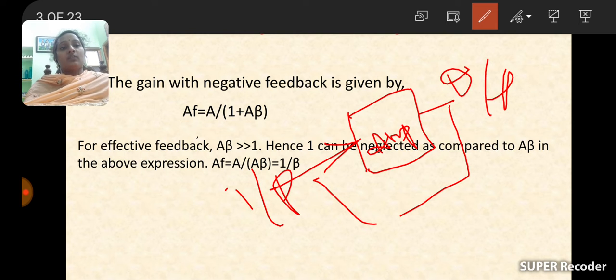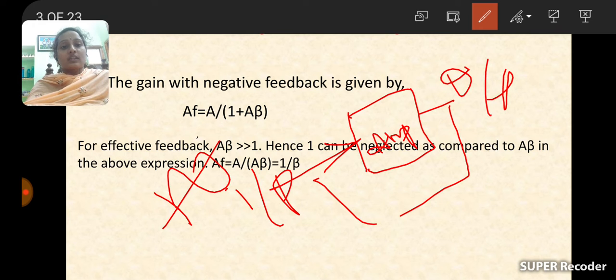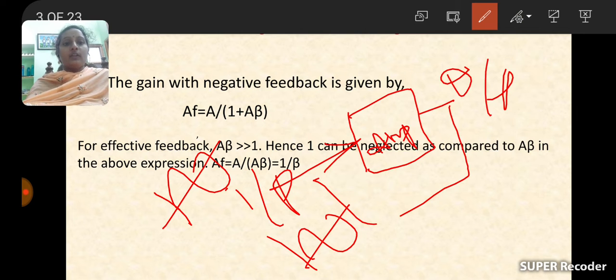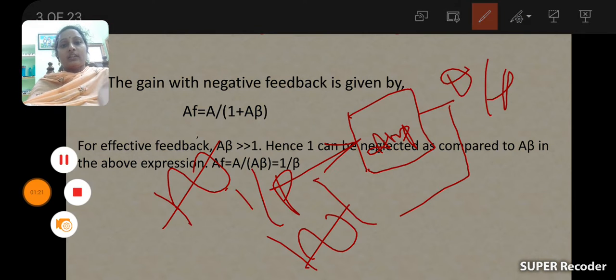Coming to the types, feedback is mainly of two types: positive feedback and negative feedback. In positive feedback, the feedback signal is in phase with the input signal. If the feedback signal is out of phase with the input signal, that is called negative feedback.